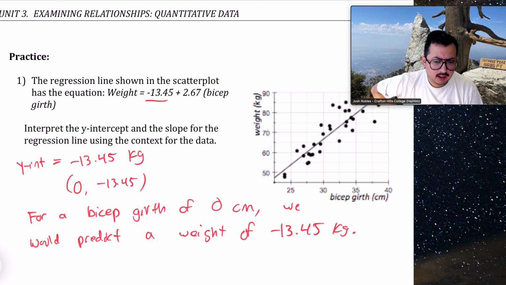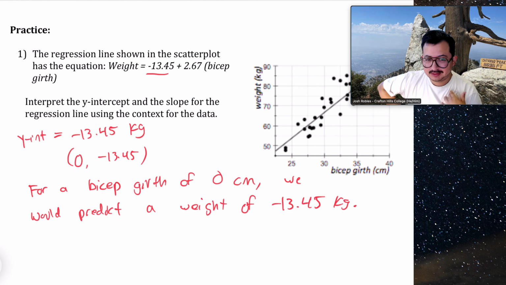Hopefully you say, that whole thing doesn't make any sense. The y-intercept frequently is not all that useful, but this is what tells you if it's useful or not. You need to imagine constructing this sentence to help you determine if that's really useful.